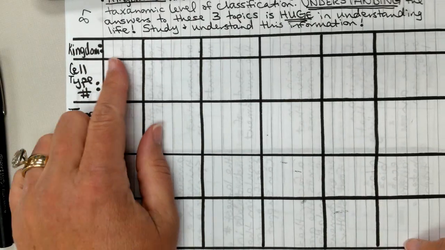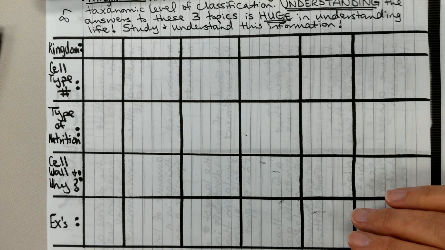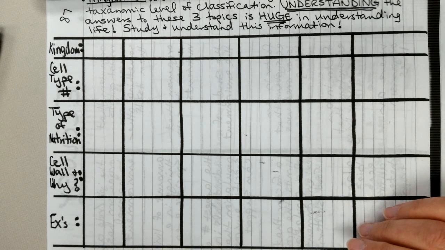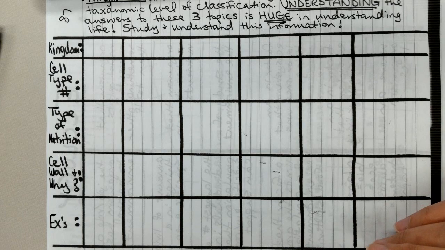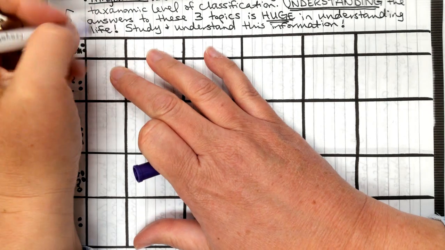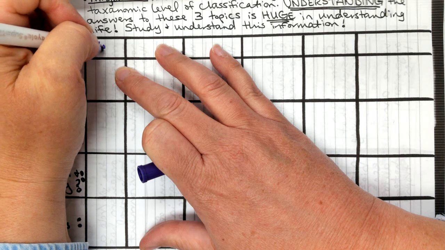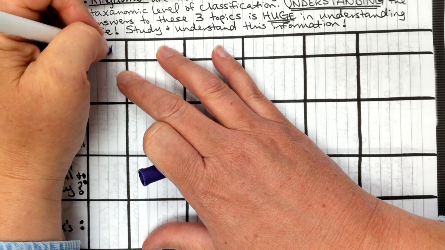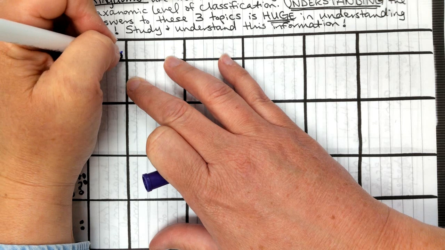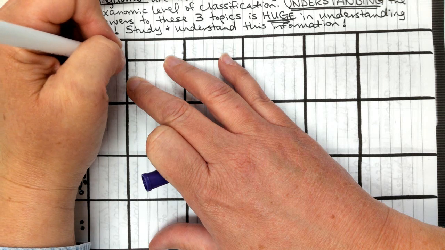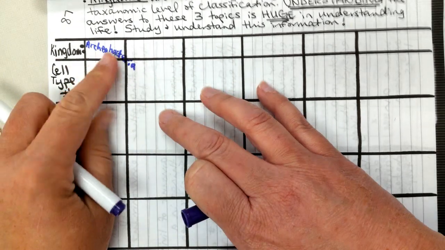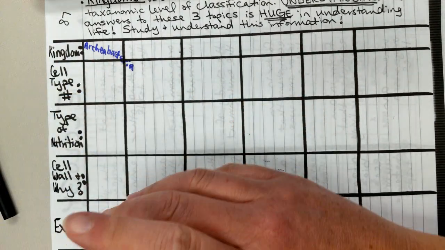Okay, and then we want to set this up and put our six kingdoms. Our first one, and I don't know that I have room to even write that in a marker. So we have archaeobacteria, and if you can make it fit, that'd be great.